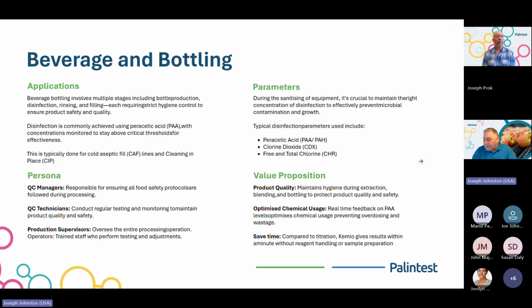Again, the value proposition on the beverage and bottling fill lines: product quality. It maintains that hygiene during the extraction, blending, and bottling to protect the product quality and safety. Optimized chemical usage. This is where the distributors of chemicals to the food and beverage industry really shine. Both the end user, the poultry house, the post-agricultural wash house, they want to optimize their chemical usage.